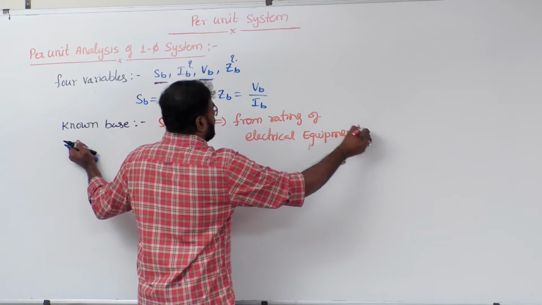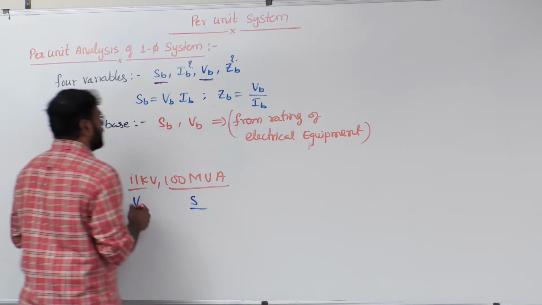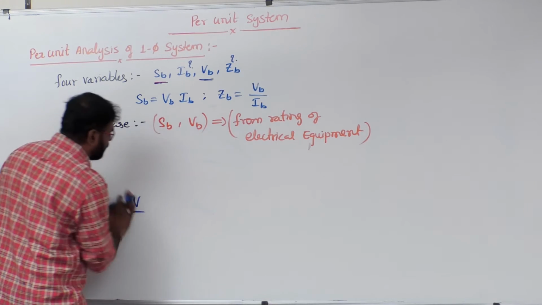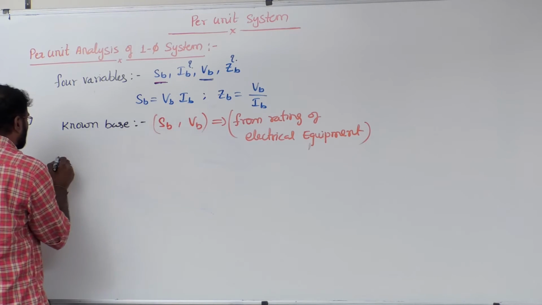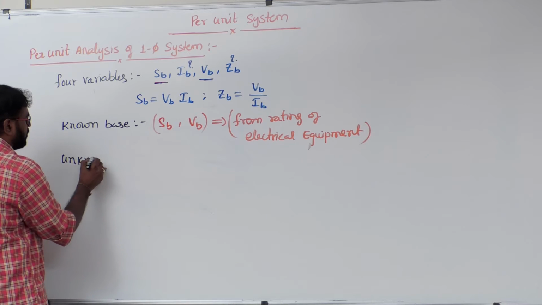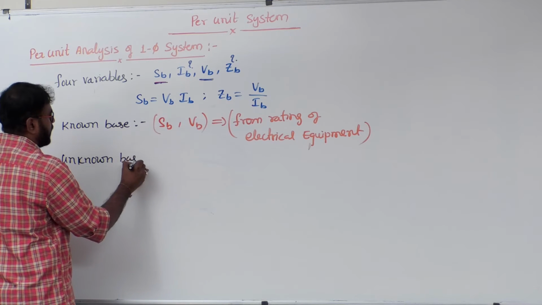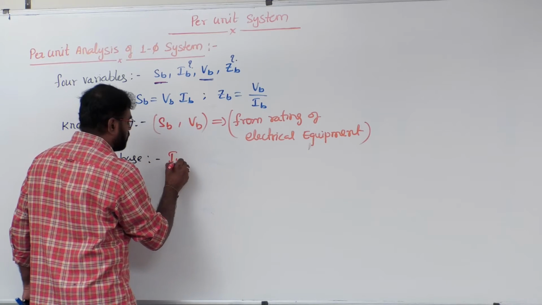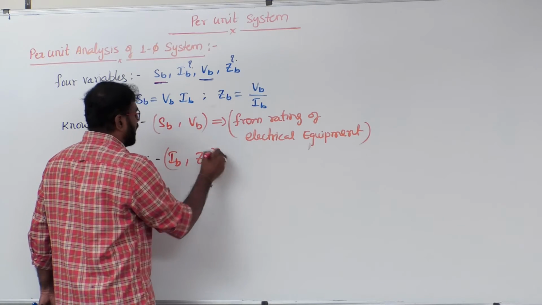These two are readily available. Now tell me which two variables are unknown? Better to say unknown base. The remaining two: I base and Z base are unknown.